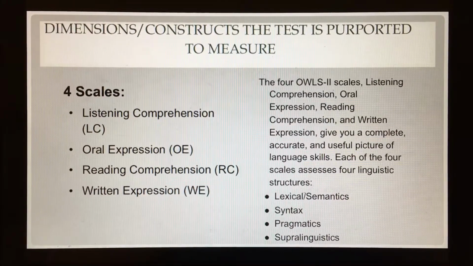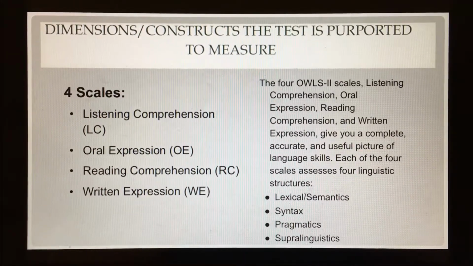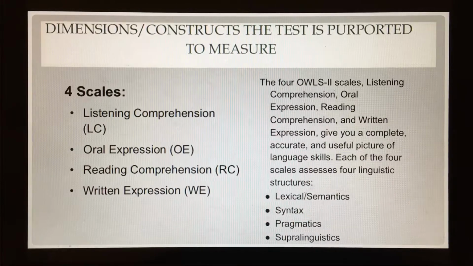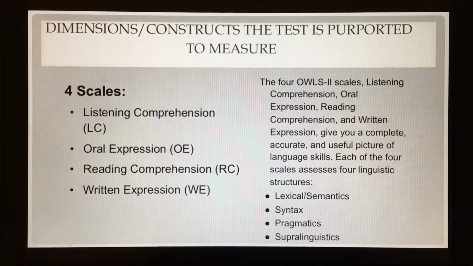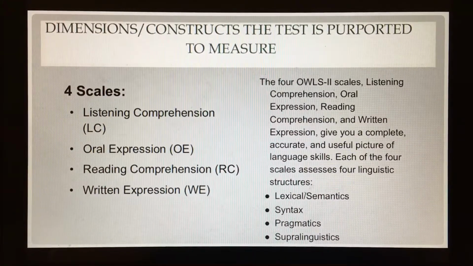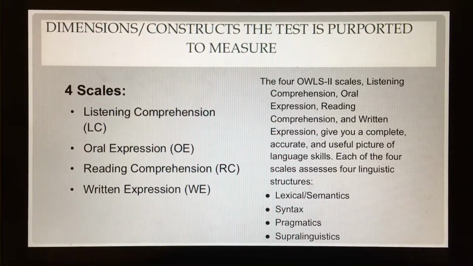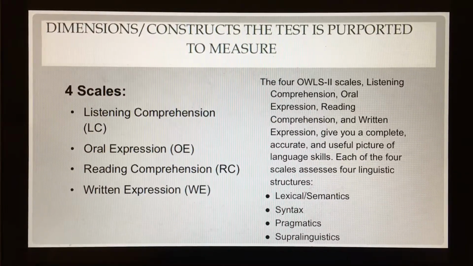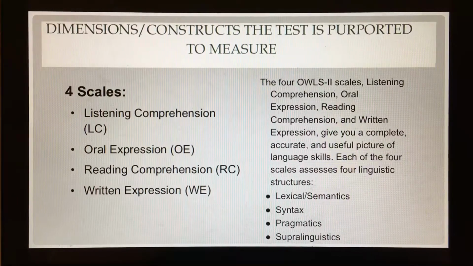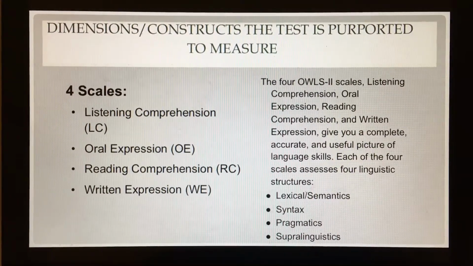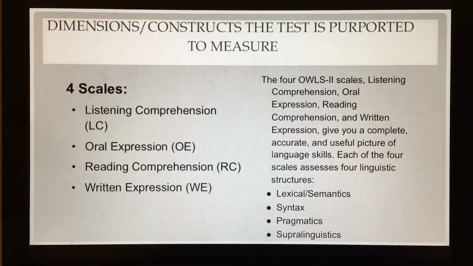So, to discuss some dimensions and constructs the test is purported to measure, the test has 4 scales, and the lists are as follows: listening comprehension, oral expression, reading comprehension, and written expression. So these 4 scales give you a complete, accurate, and useful picture of language skills.